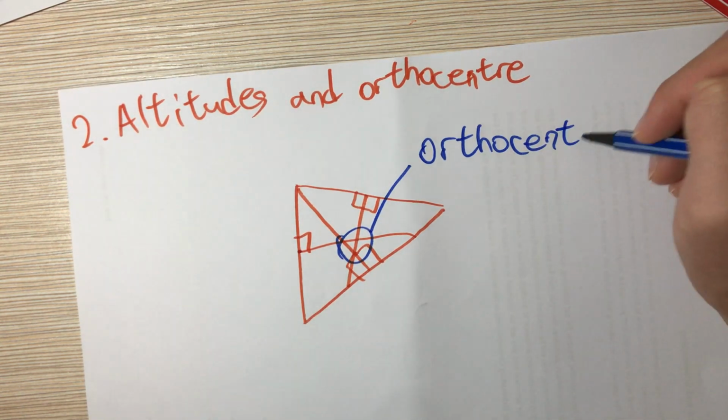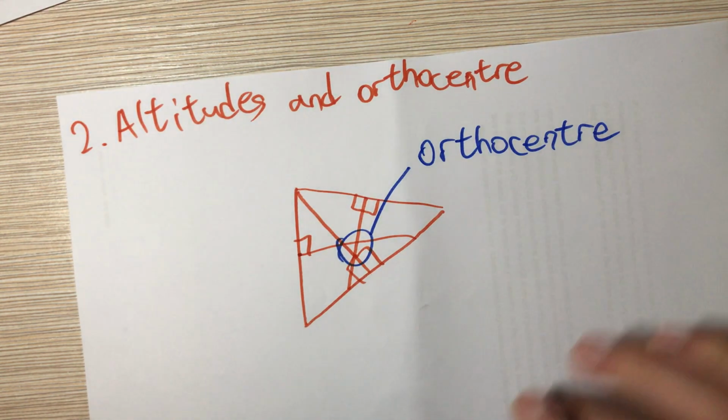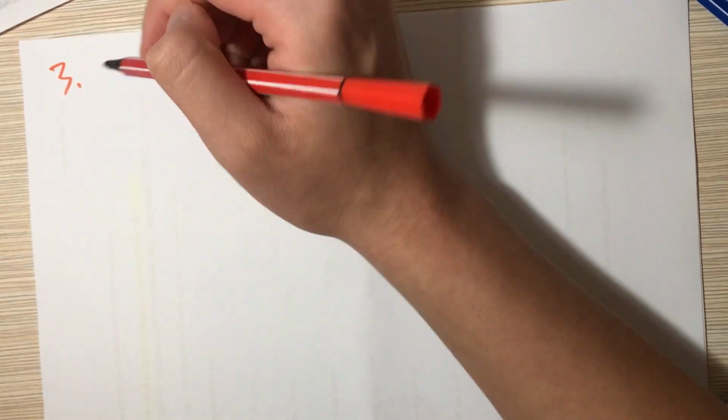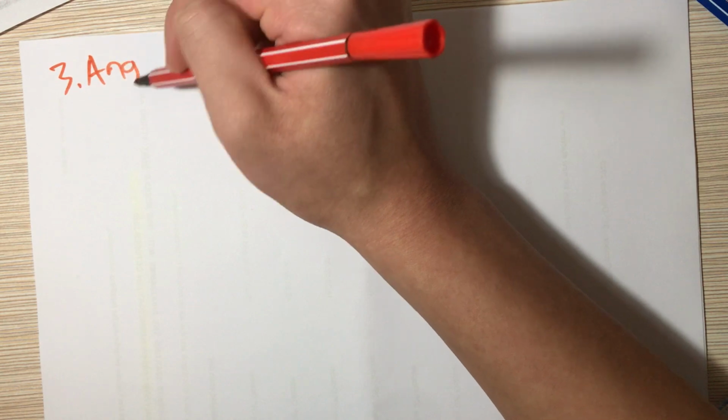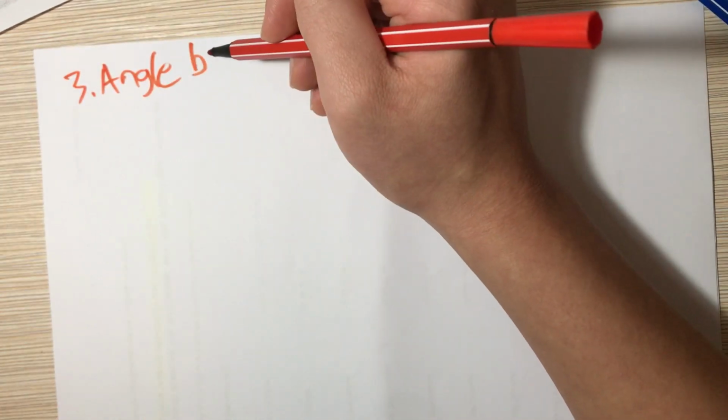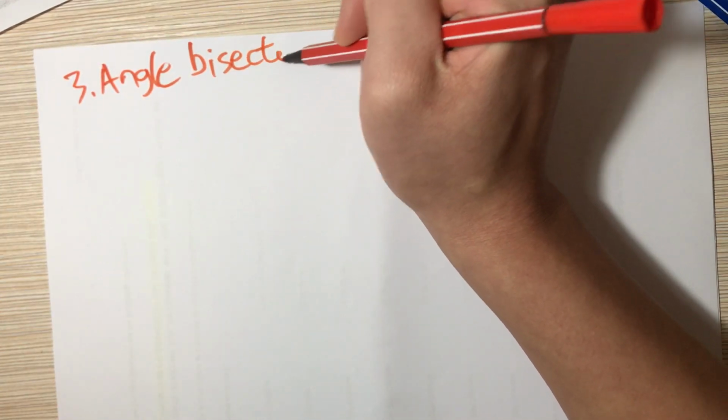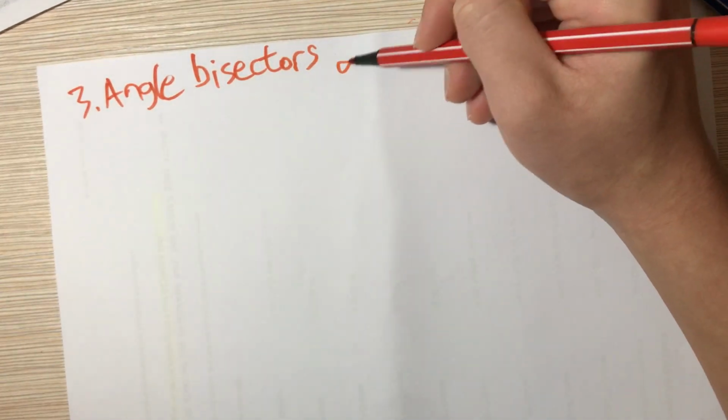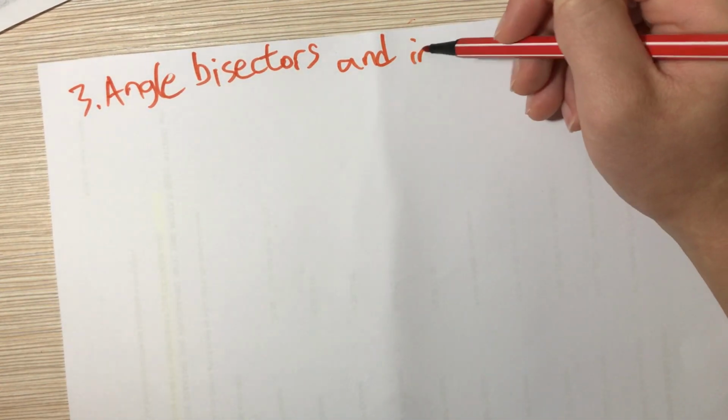Okay, so let's move on. Now this is quite fun, so maybe you can remember it. Number 3, angle bisectors and incenters.